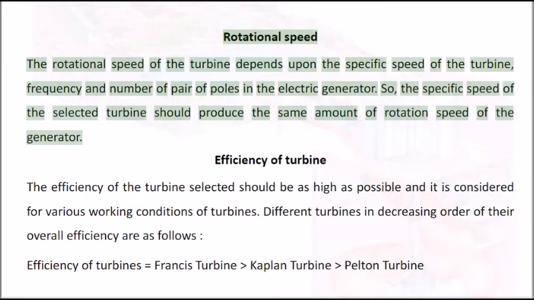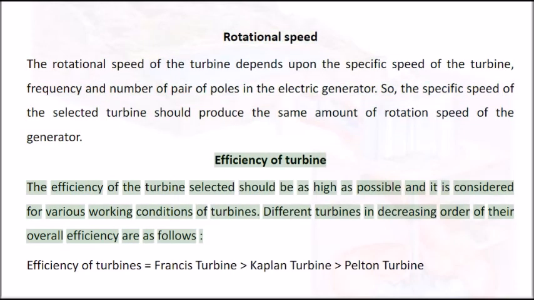Rotational speed. The rotational speed of the turbine depends upon the specific speed of the turbine, frequency, and number of pairs of poles in the electric generator. So, the specific speed of the selected turbine should produce the same amount of rotation speed of the generator. Efficiency of turbine.